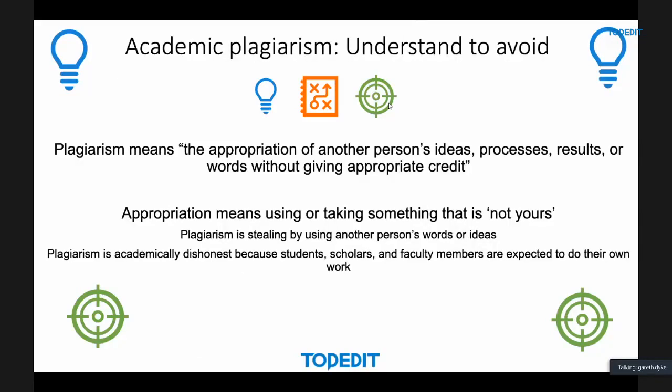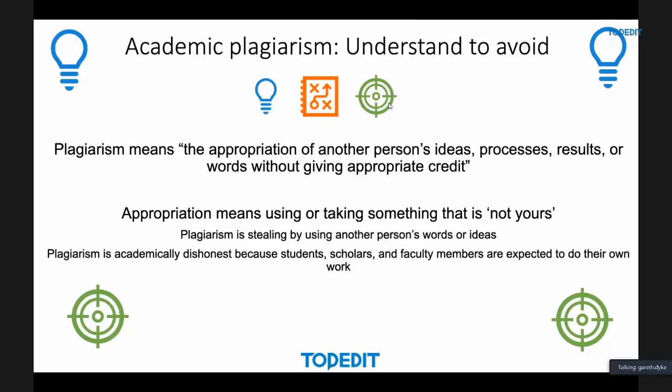We're going to start this section then by talking about academic plagiarism. If you understand what this is, you can easily avoid plagiarizing inadvertently by mistake, without realizing it, the work of others.